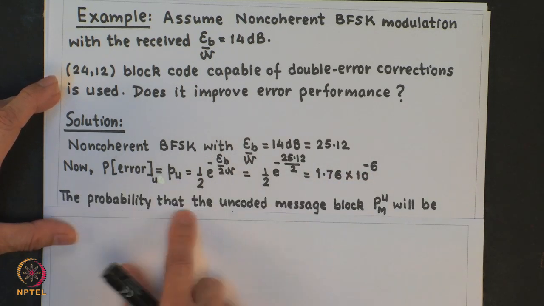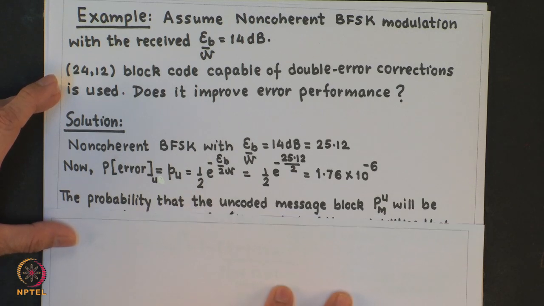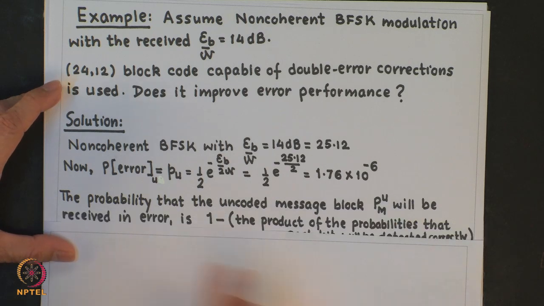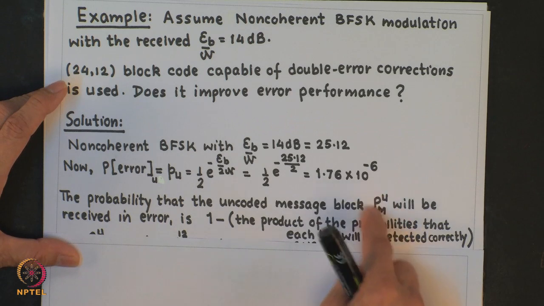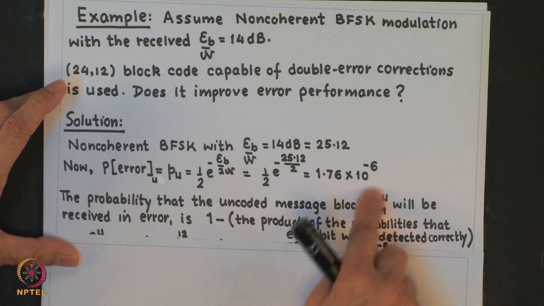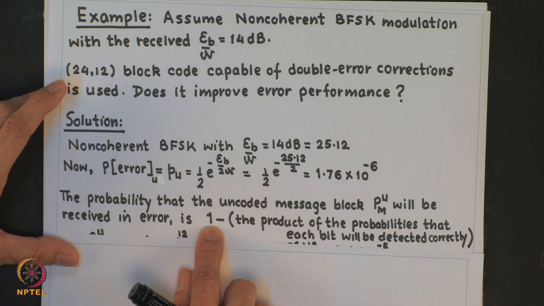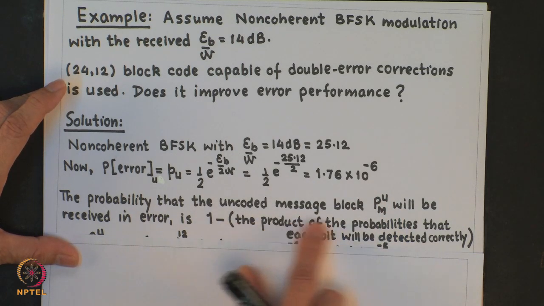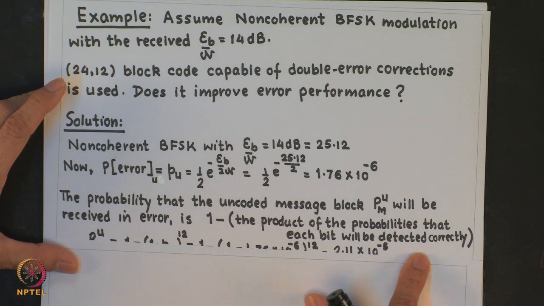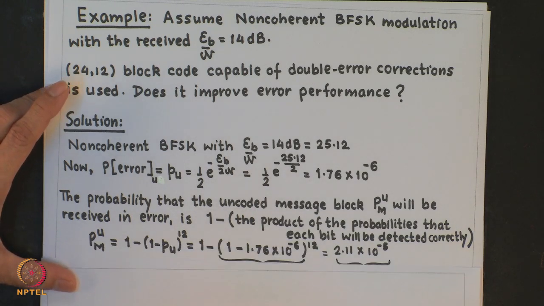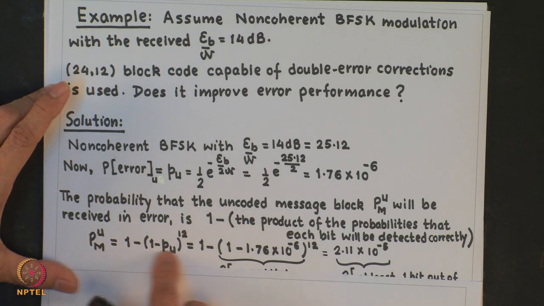Now, the probability that the uncoded message block of 12 bits will be received in error is as follows. So, we will denote that error by this notation, and that is equal to 1 minus the product of the probabilities that each bit will be detected correctly in the block of 12 bits, and that would be solved using this expression.